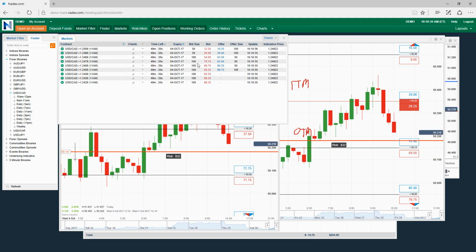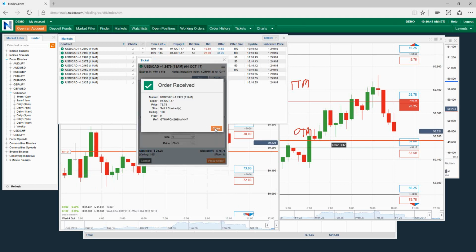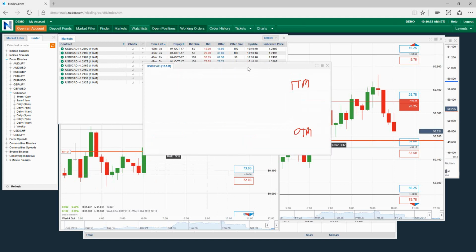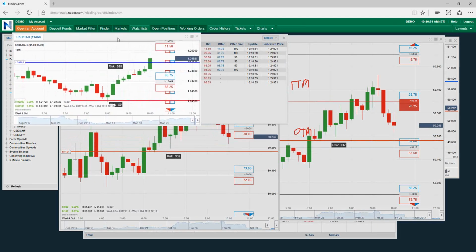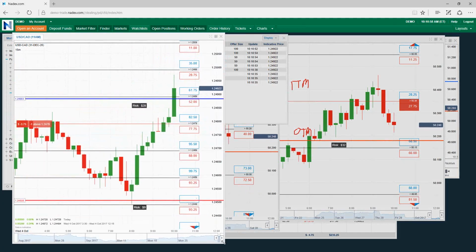You could come in here and say, well, I think it's going to move down, so I'm going to use an out of the money to limit my risk, okay? And we're going to open this one up. And I'm going to get rid of these. These are just from the spreads I did earlier.